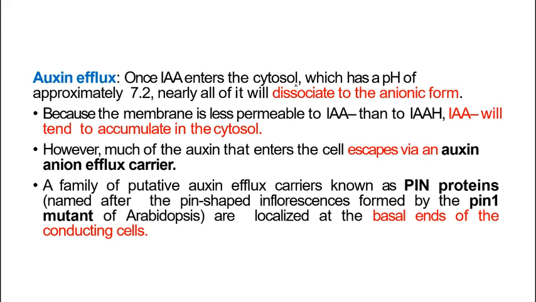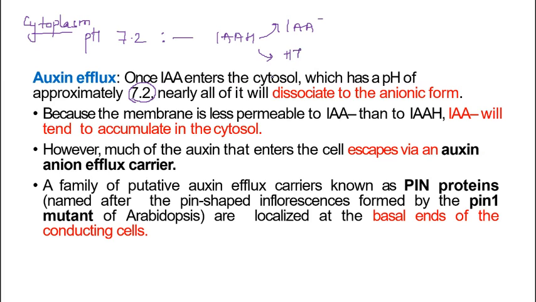Now in auxin efflux, what I said is that the pH is 7.2 in the cytoplasm. In the cytoplasm, which has a pH of 7.2, IAA cannot exist in IAAH form. IAAH readily dissociates into IAA minus and H plus, the anionic form.